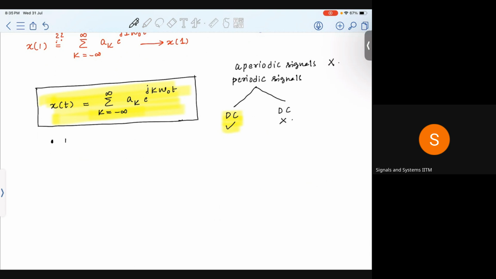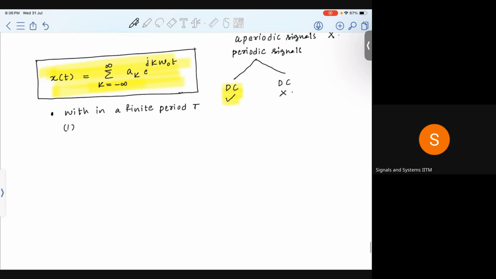So within a finite period T, the first condition is x of t should be absolutely integrable.